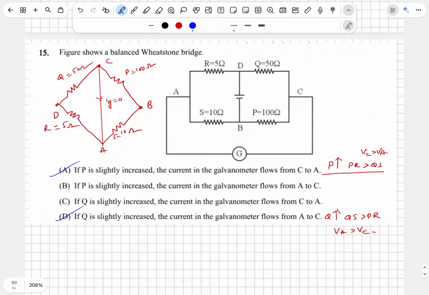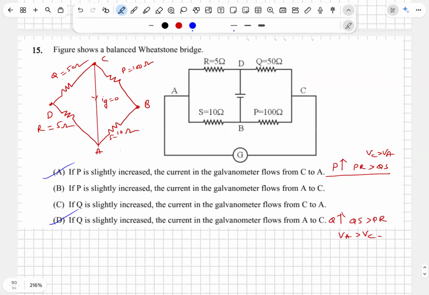The figure shows a balanced Wheatstone bridge. How do I know that it is a balanced Wheatstone bridge? I told you one point when I taught you Wheatstone bridges.